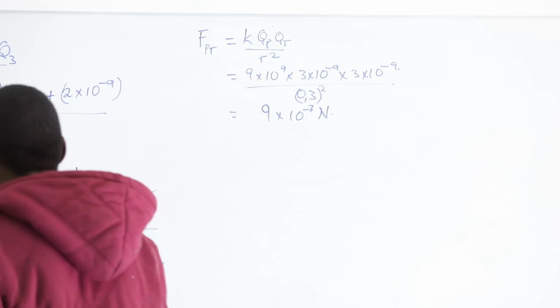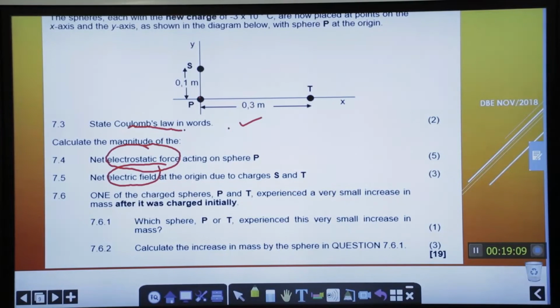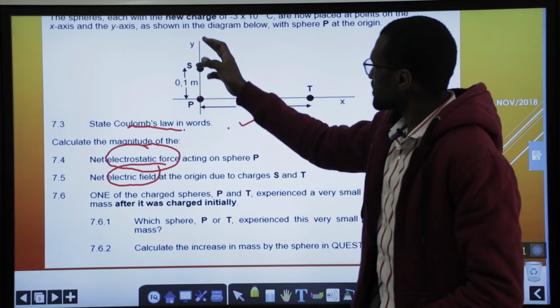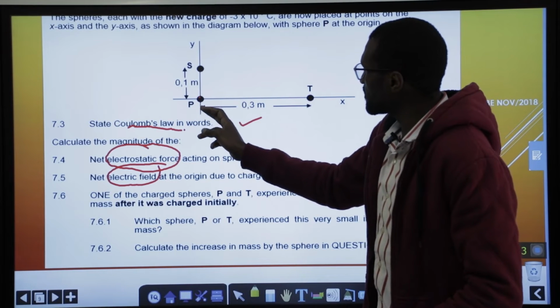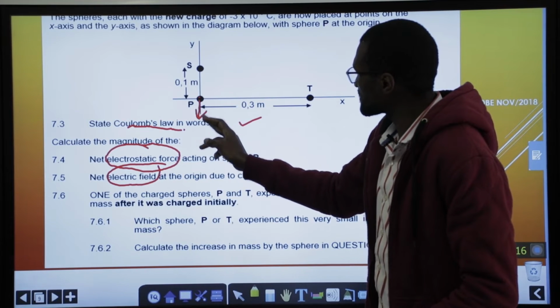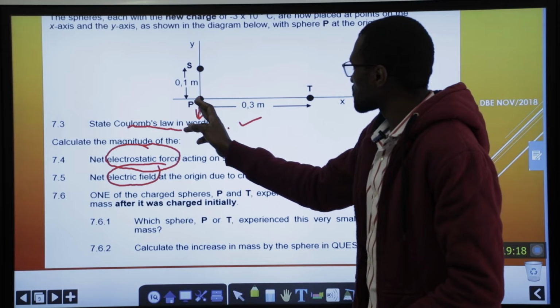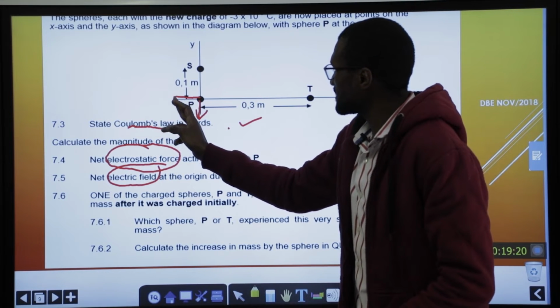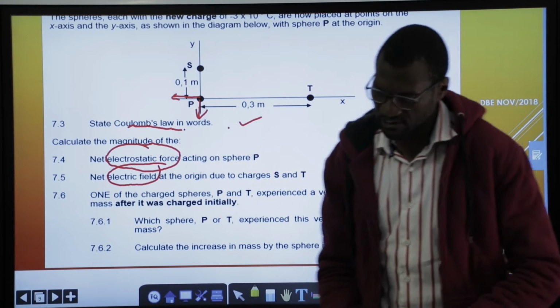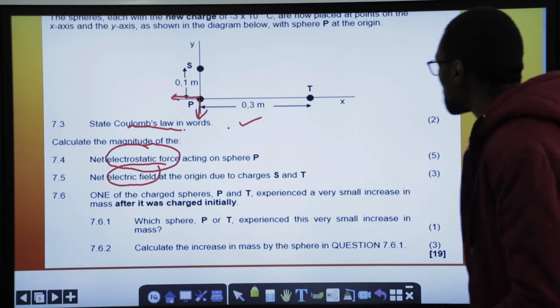Right, the relationship between these two, it's a repulsive force, so this is going to work downwards, and also this is going to work to the left. You can choose to put in the direction right there.